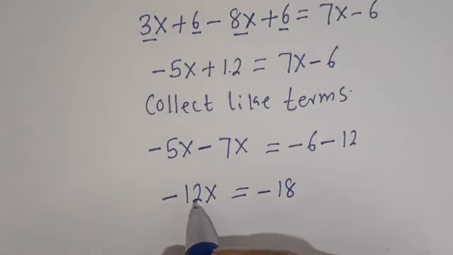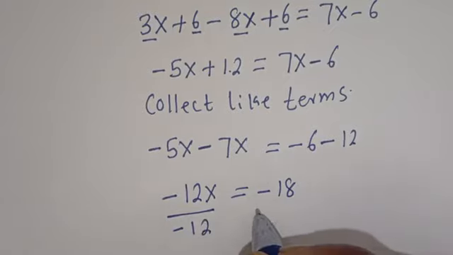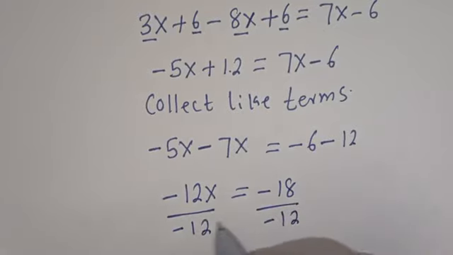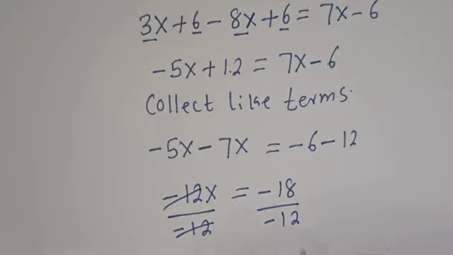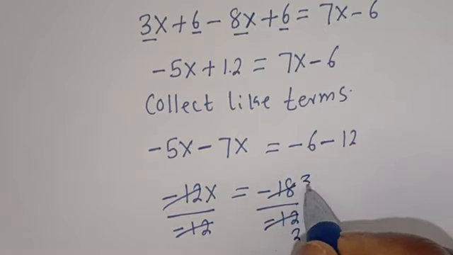But we are looking for the value of s. Let's divide both sides by minus 12. This divided by minus 12, this will cancel this. Then 6 here, 2, 6 here, 3.